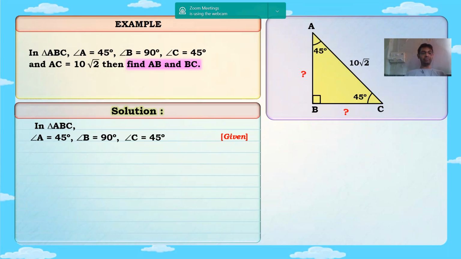So I'll write therefore triangle ABC is a 45, 45, 90 degree type of triangle.